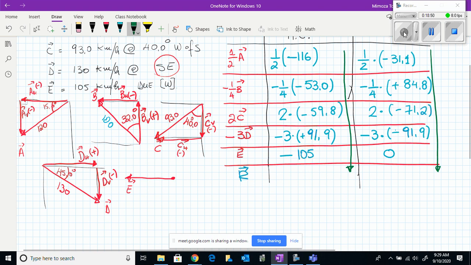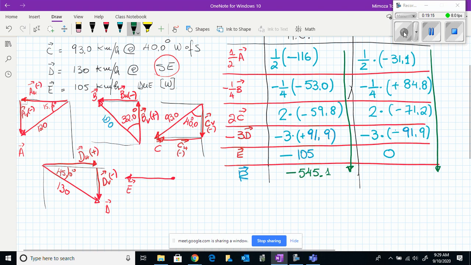And again, negative and positive will give you negative, minus 3 times 91.9 minus 105. And it is negative 545.1 or nothing. You can leave it, doesn't matter.